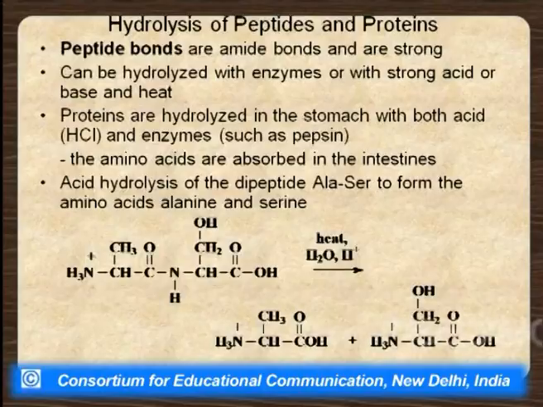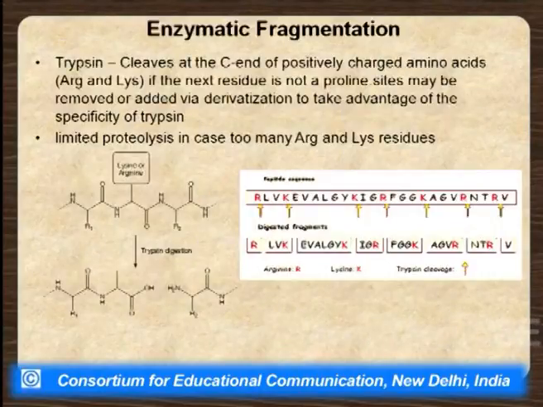Protein hydrolysis can be by enzymatic fragmentation, and we can recall certain digestive enzymes: trypsin, chymotrypsin, pepsin, elastase. They have a specificity for where they will cut and which residues they will attack. Here you can see trypsin digesting a peptide where lysine or arginine is present.